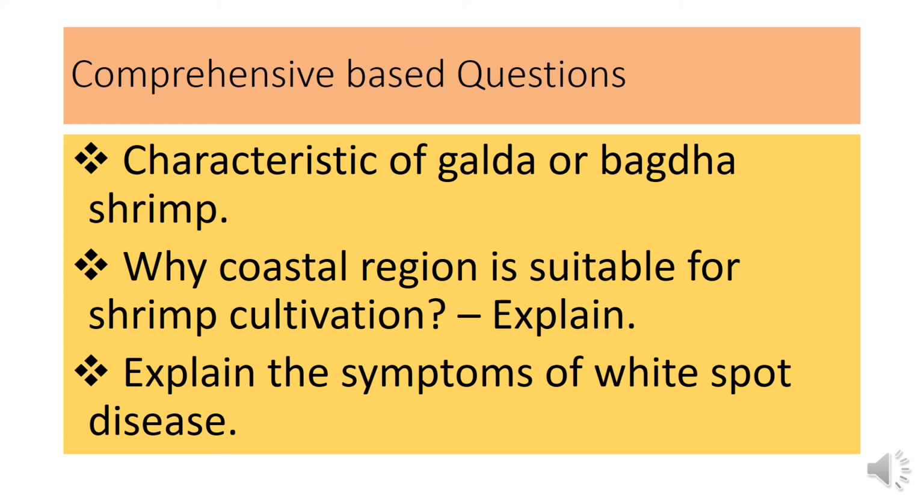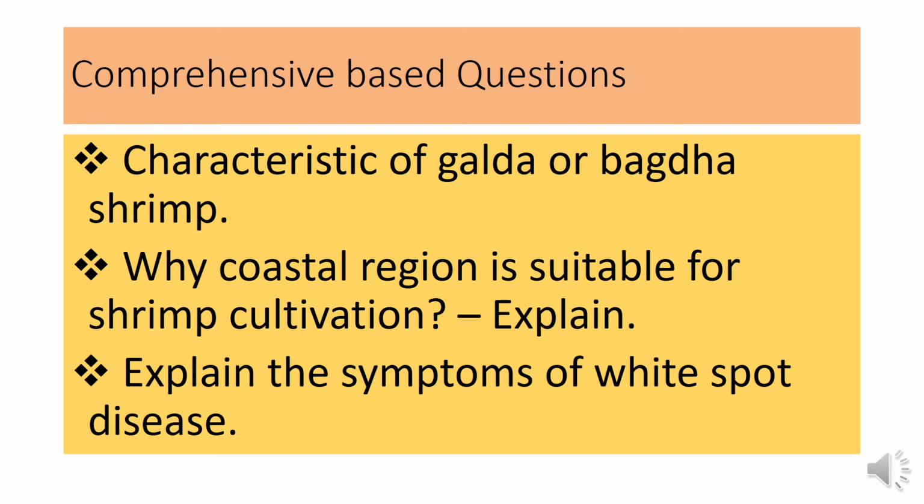Explain the symptoms of white spot disease. White spot disease is one of the most severe diseases among shrimp. Some symptoms appear when white spot attacks shrimp. Some circular white spots appear on the carapace of the shrimp. After 4 to 8 days of attack, the shrimp will die.